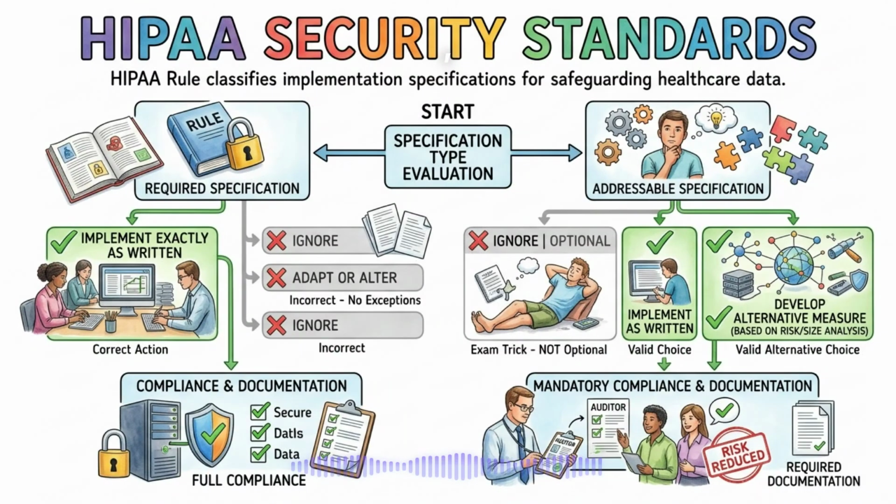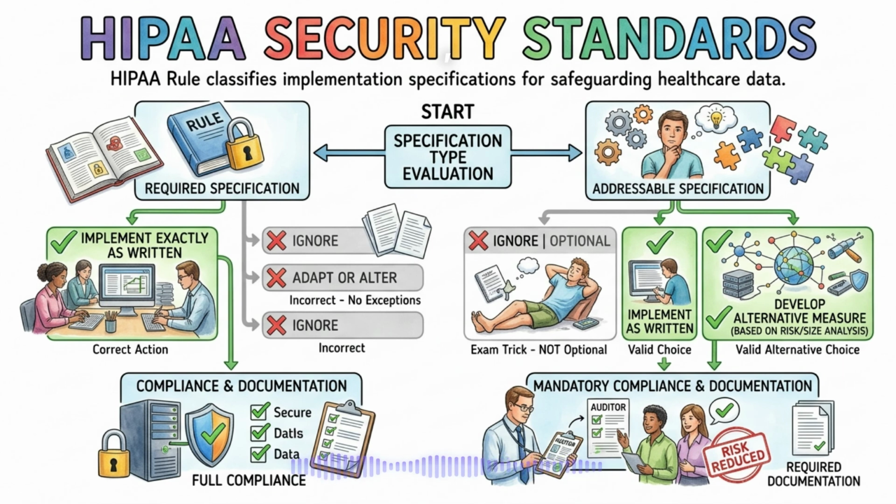Within the HIPAA security rule, you must clearly understand the difference between required specifications and addressable specifications. Required means the organization must implement the standard exactly as written, with no exceptions. Addressable, however, does not mean optional.